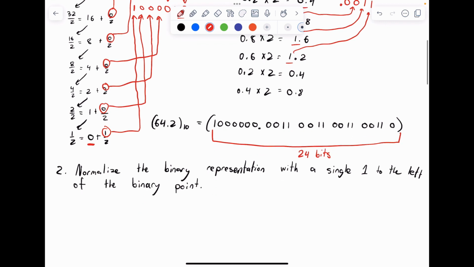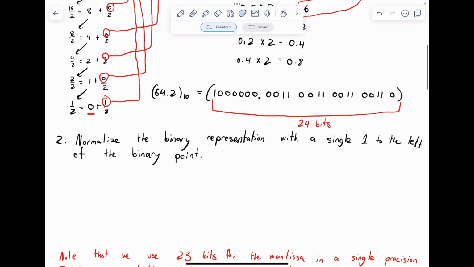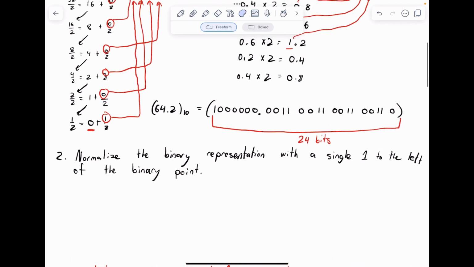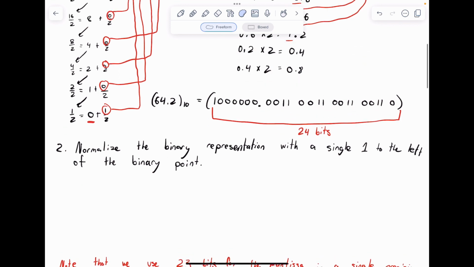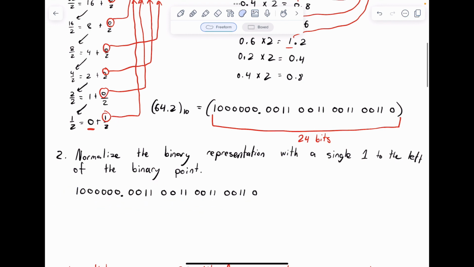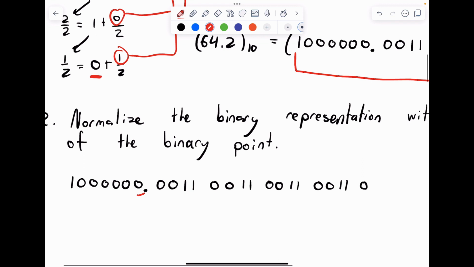So now the next step is to normalize the binary representation of 64.2 to make sure that there's a single 1 to the left of the binary point. So we can copy this value and paste it here. And all that it means by normalize is to move this decimal point till there's a single 1 to the left of the binary point.